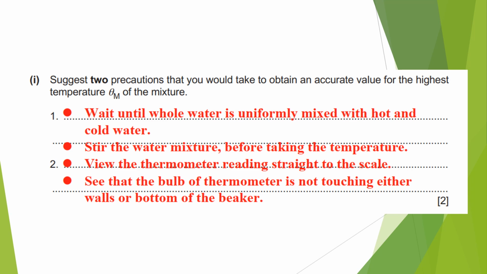Then last, whenever we arrange a thermometer in chemicals or liquids or any substances, we should ensure that the bulb of the thermometer is properly placed in the substance. See that the bulb of the thermometer is not touching either the walls or the bottom of the beaker. If you write any 2 of these precautions, it's enough to take the accurate temperature of the mixture.